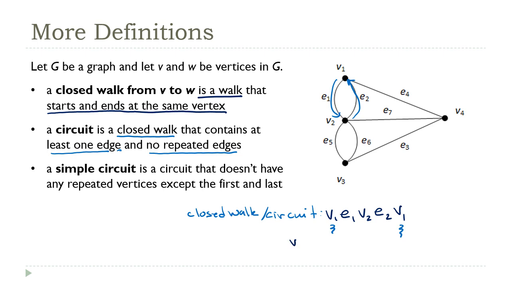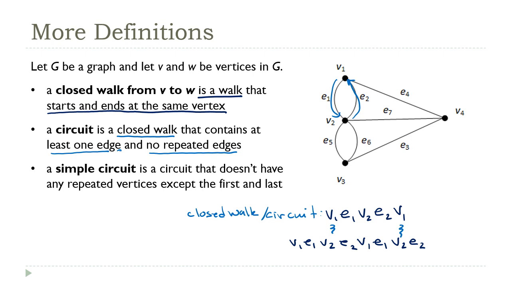If I go V1, E1, V2, E2, then do it again. V1, E1, V2, E2. Now you're just going around it twice, right? That is a closed walk because it starts and stops at the same place, but it does have that repetition, so that wouldn't be a circuit.